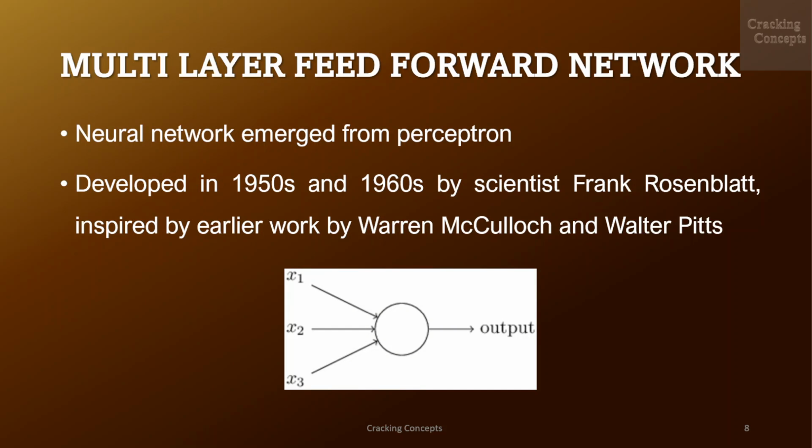Neural networks emerged from a very popular machine learning algorithm named as perceptron. Perceptrons were developed in the 1950s and 1960s by the scientist Frank Rosenblatt, inspired by earlier work by Warren McCulloch and Walter Pitts. The figure here shows a perceptron layer.